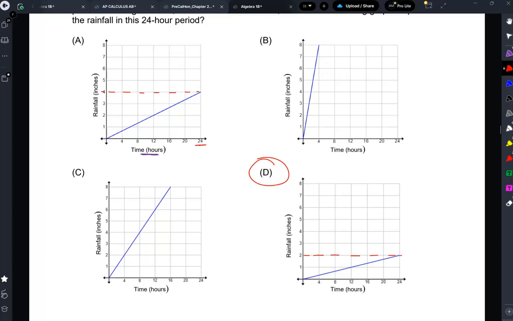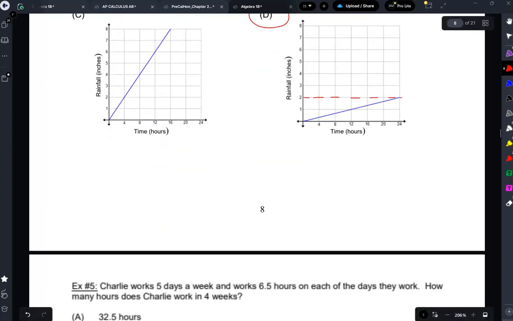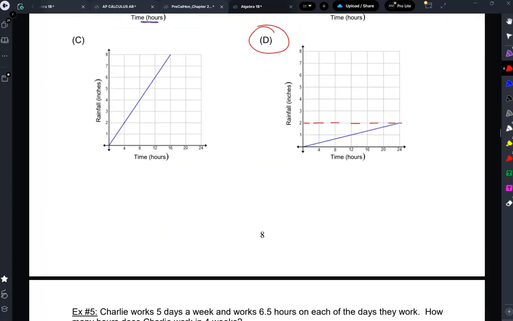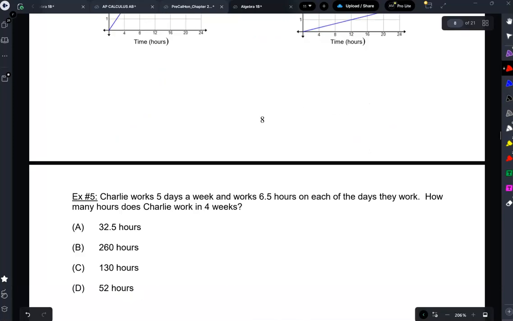Sammy? 4 inches. In 24, right? 4 inches of rain fell. Okay? All right, why don't we go to the next one?